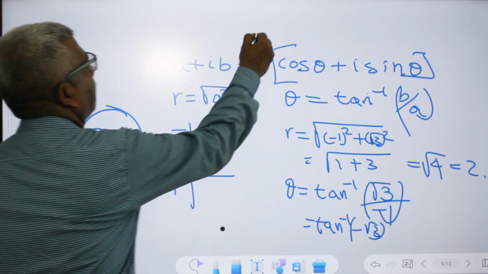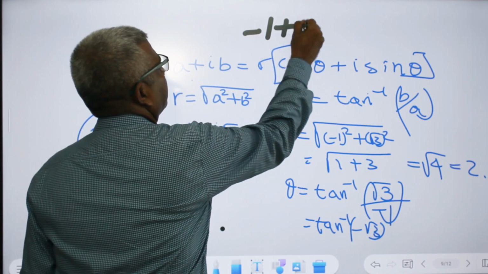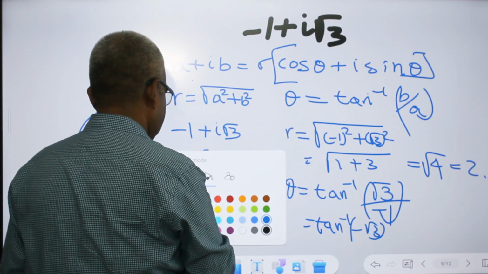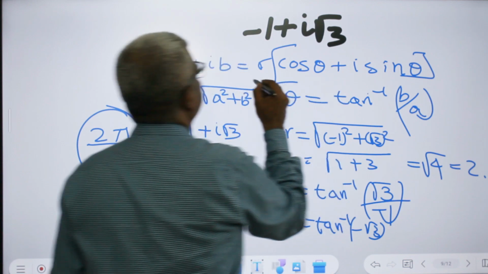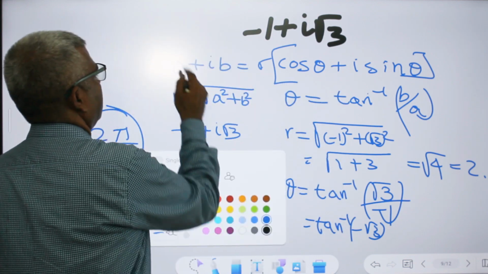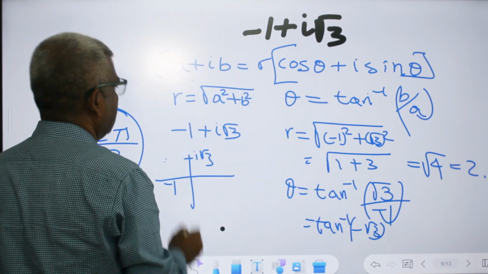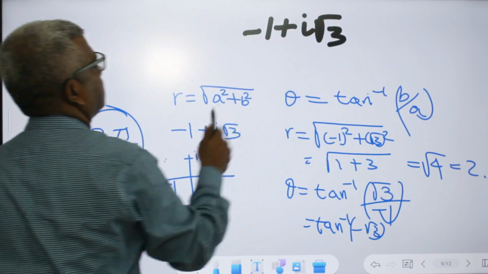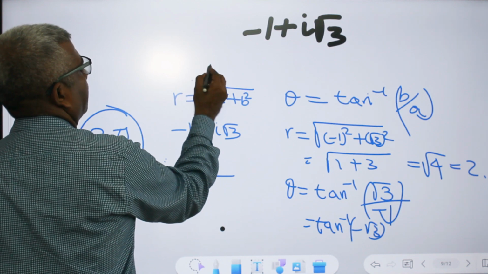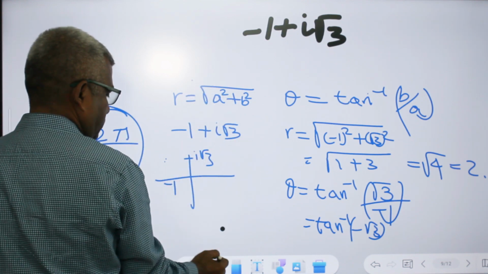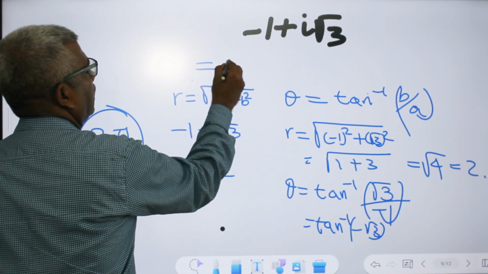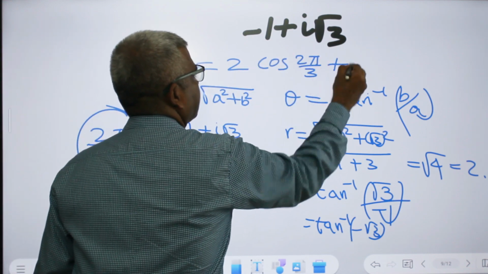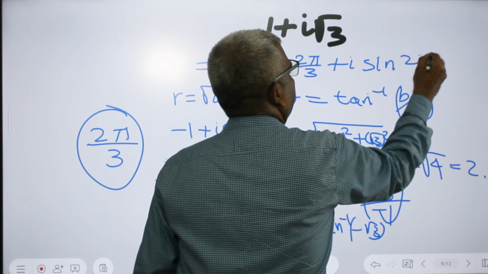Now minus 1 plus i root 3 I am transforming to 2 cos 2 pi by 3 plus i sin 2 pi by 3.